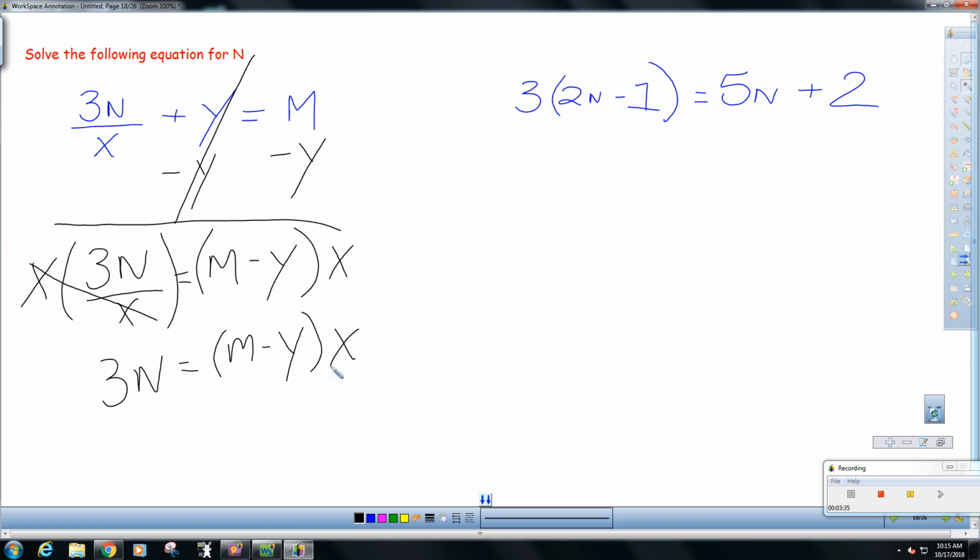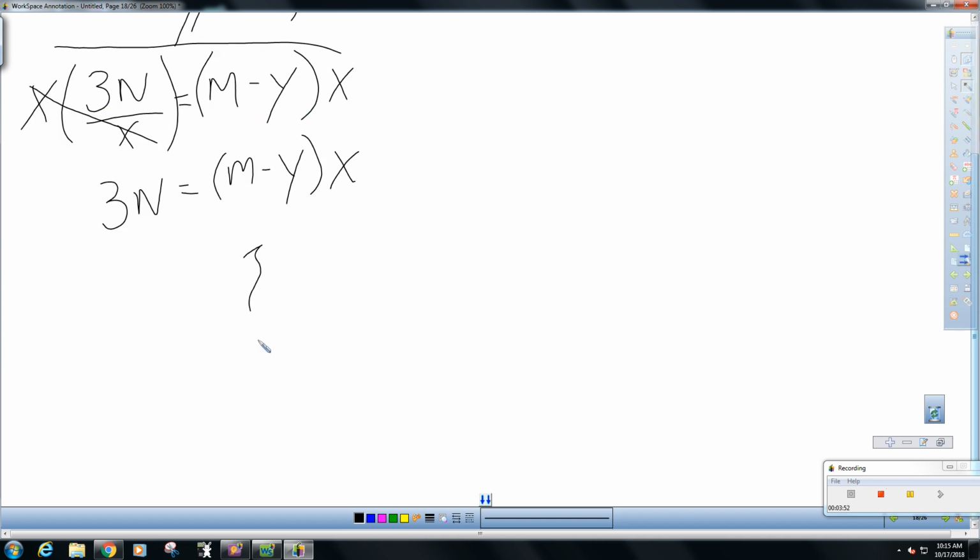So actually at this point, let me do it two different ways. So you could have, let's just split this up right here. You could have 3n equals m minus y times x. Oh gosh. But do you need to divide that 3? Yeah, we're not done yet, Carson. We're just going to do this two different ways from here on out.